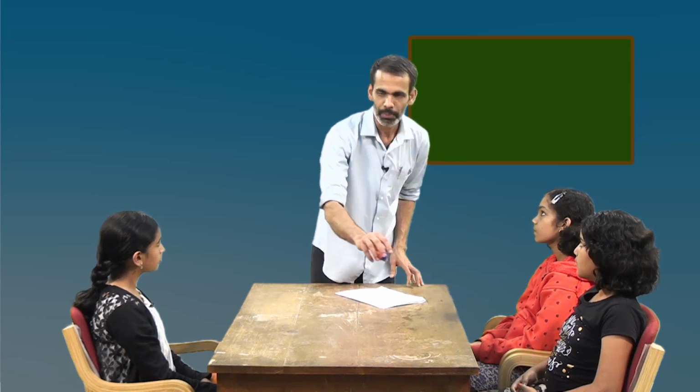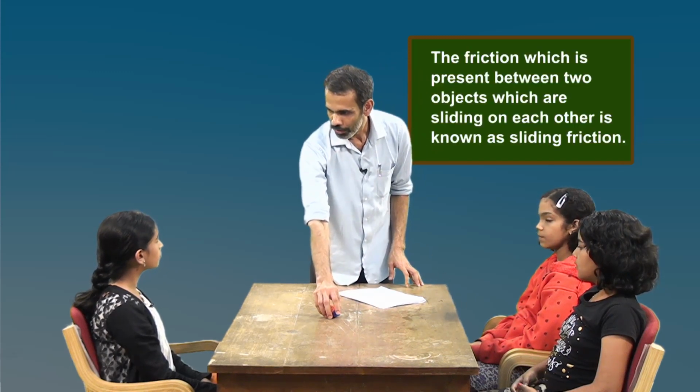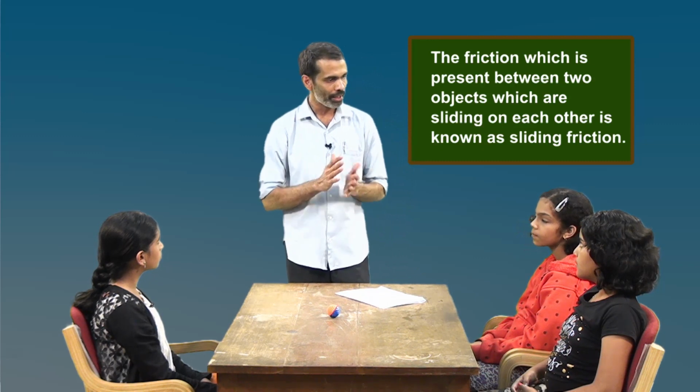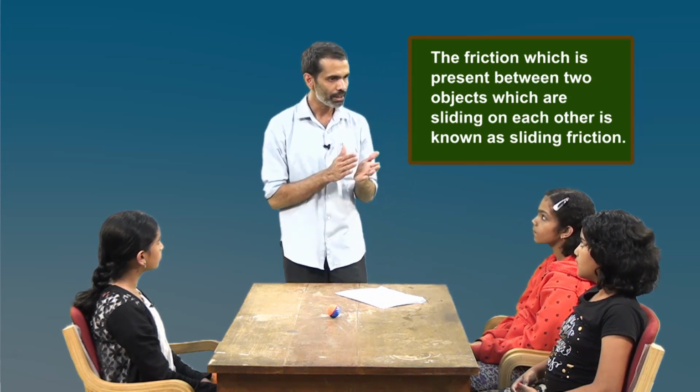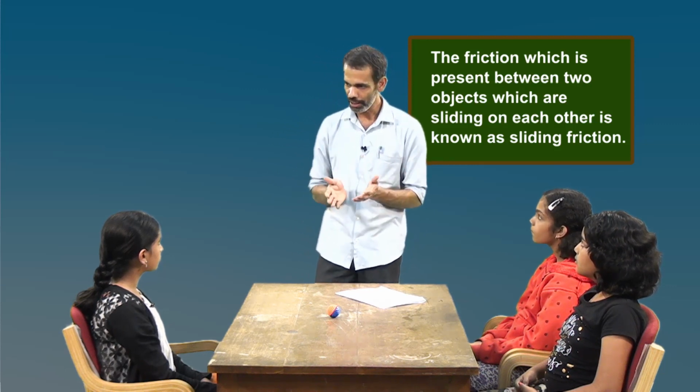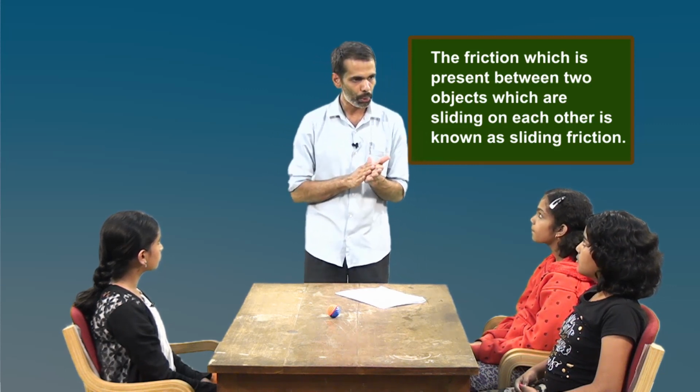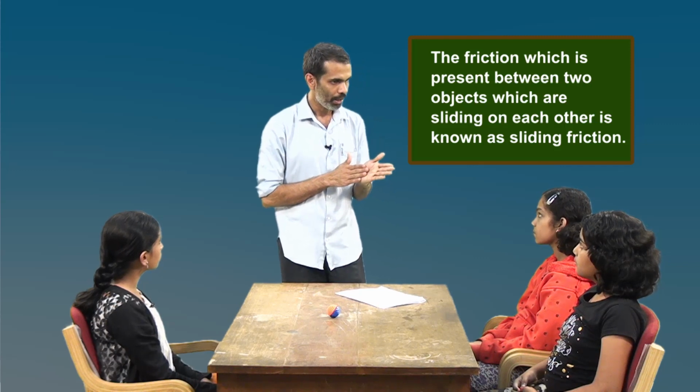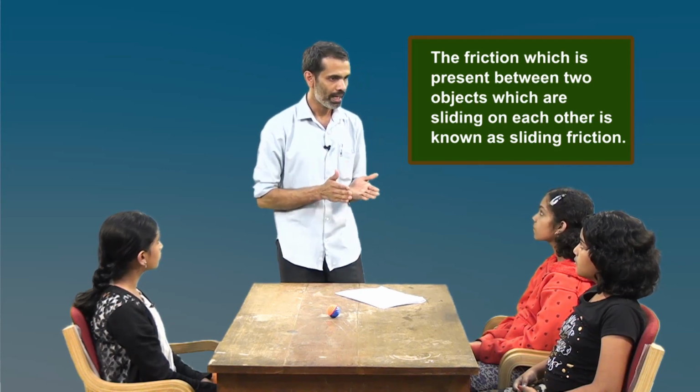So, in all life situations, friction is present. When two objects are sliding on each other, there is a friction acting between these objects. So, the friction acting between two sliding objects opposing motion is known as sliding friction.